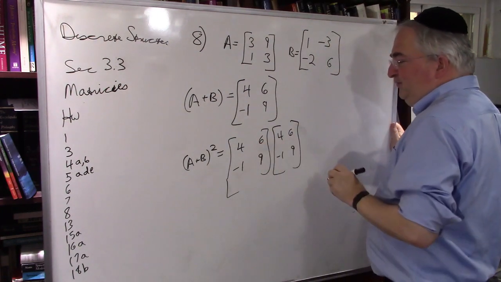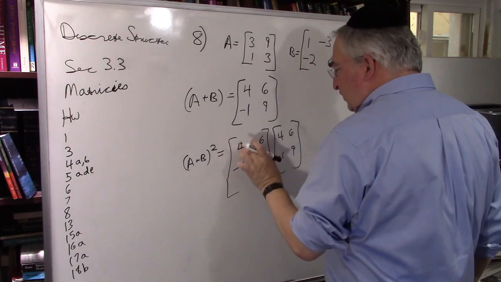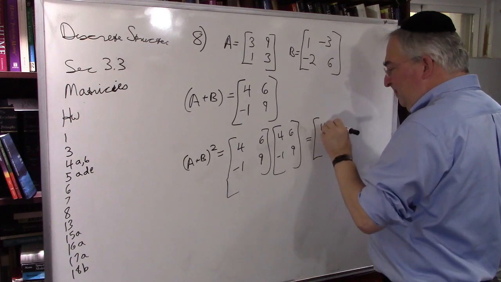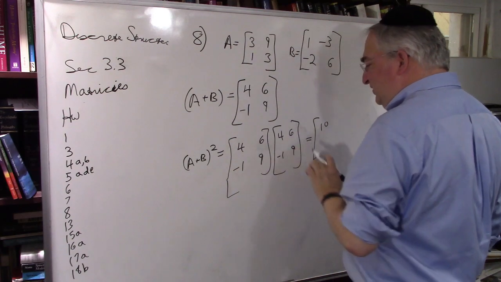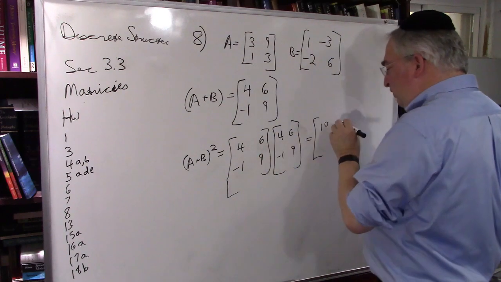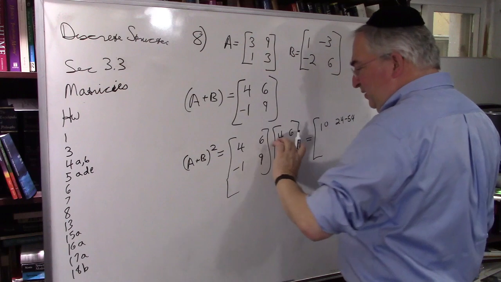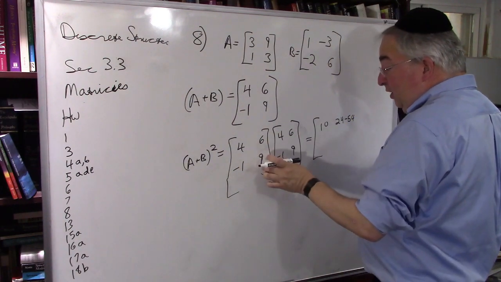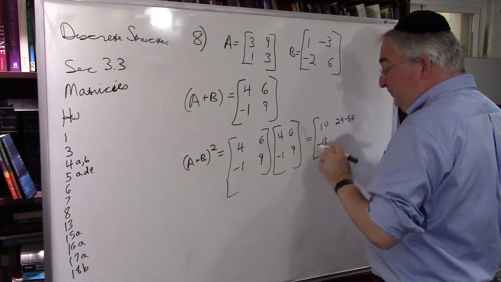Okay, so multiplying this out, let's do it. 4 times 4 is 16, minus 6 is 10. 4 times 6 is 24, minus 54. We have to write that down. 24 minus 54. Minus 4 plus minus 9 is minus 13.